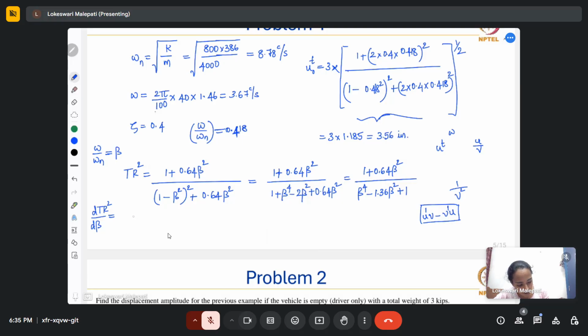So u prime is the differentiation of this numerator, so that is 1.28 beta power 4 minus 1.36 beta square plus 1, minus v prime, which is 4 beta cube minus 1.36 times 2, which is 2.72 beta, multiplied by 1 plus 0.64 beta square. This should be equal to 0.